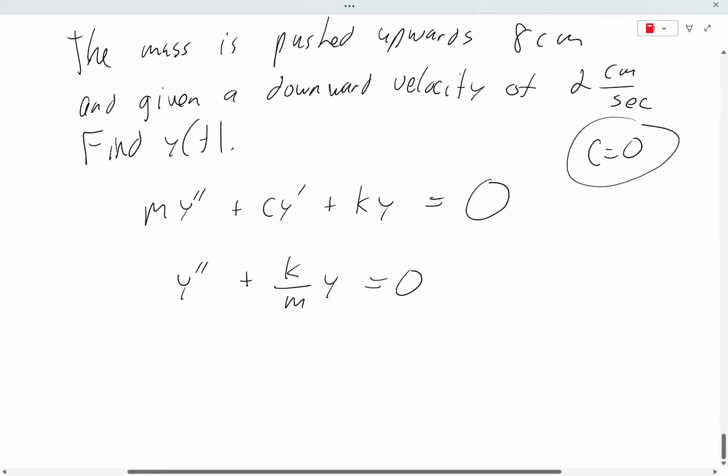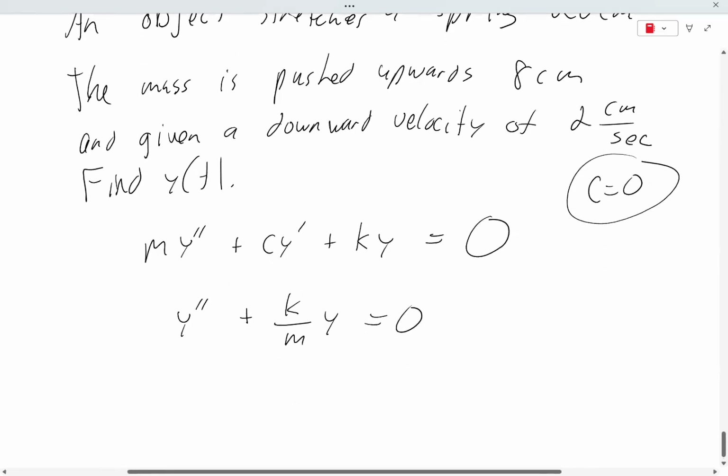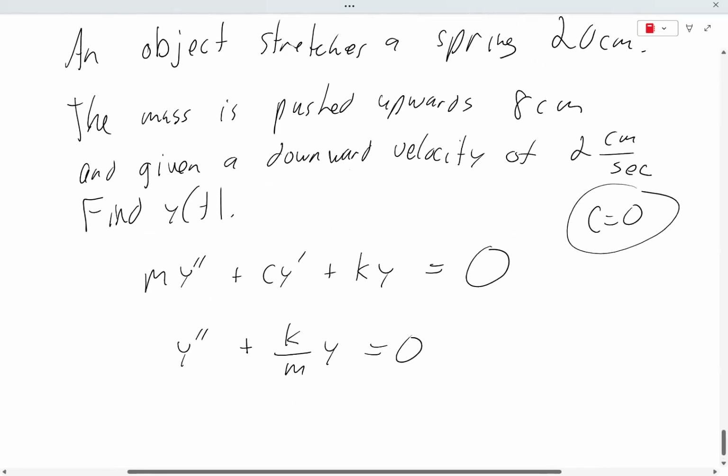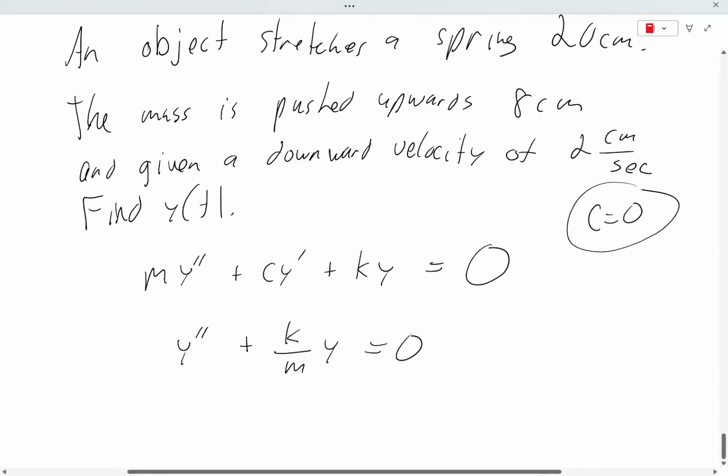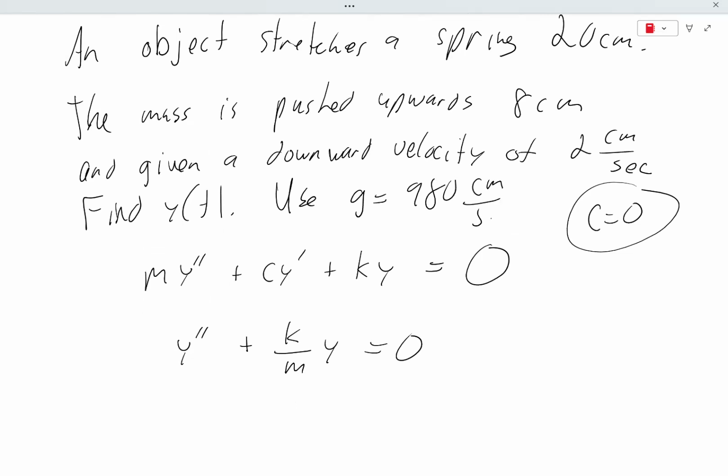Okay, and then there's a thing on the formula sheet that'll mention the displacement of it. Oh, and I also have to give you the acceleration of gravity here. Let's say use g equals 980 centimeters per second squared.